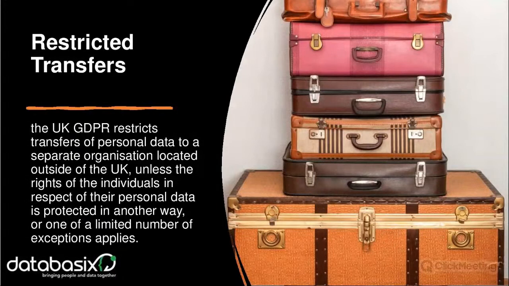So what I would like to say first is, if you are an international company and you happen to have branches in international countries, obviously, if you're leaving the UK, transfers intercompany, so your office here in the UK to your office in the US, or your office in Australia, is not classed as a restricted transfer under the UK GDPR.